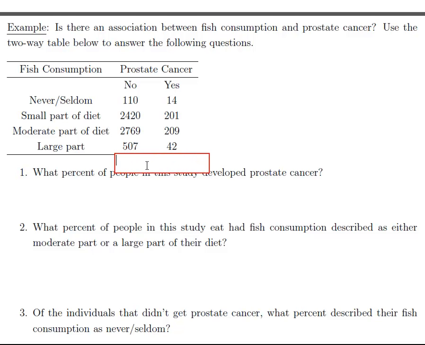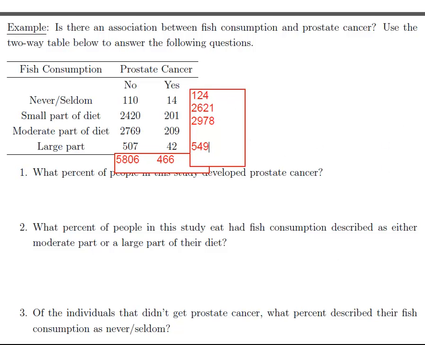So the first column was 5,806, and the second one is 466. And then for the rows, we have 124, 2621, 2978, and 549.